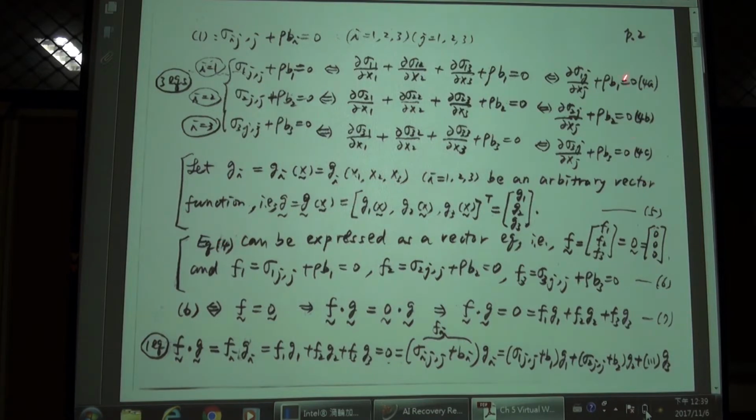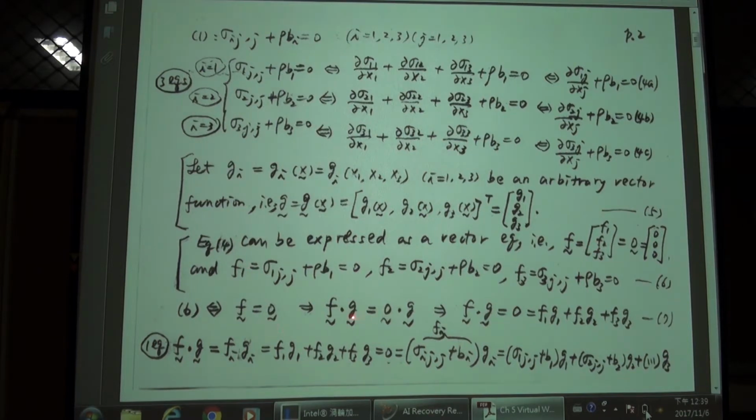Equation 4 can be expressed as a vector function F vector equal to F1, F2, F3. So F1 is this equation, F2 is this equation, F3 is this equation. So we can write this set of equations as a vector equation, as F1 equals 0, F2 equals 0, F3 equals 0, like this, okay?